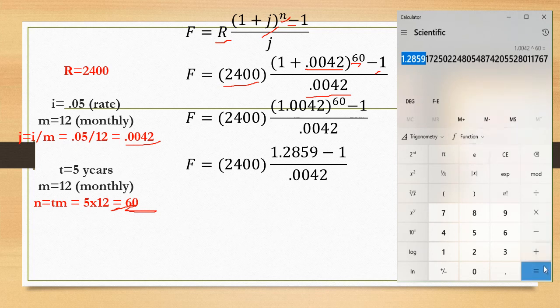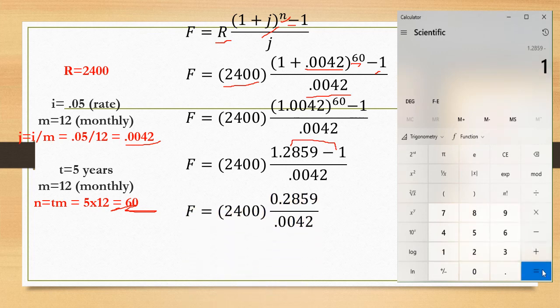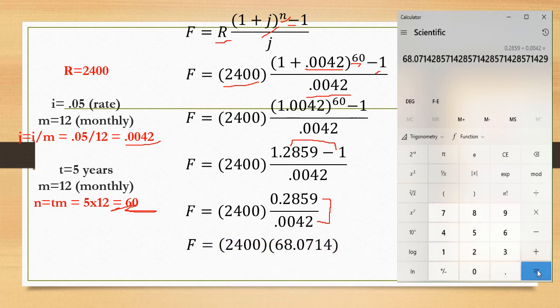So round up to 4 decimal places, then subtract 1, and that will give us 0.2859. Then divide by 0.0042, and we should be having 68.0714. Round up to 4 decimal places.